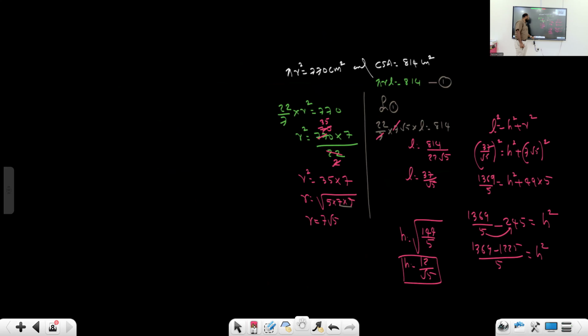And our cone volume, what is the formula? 1 by 3 pi r square.